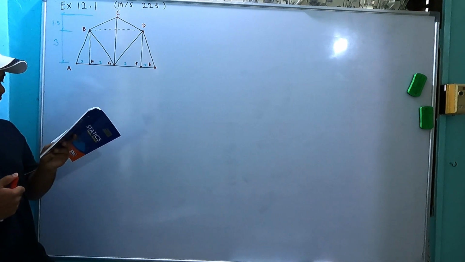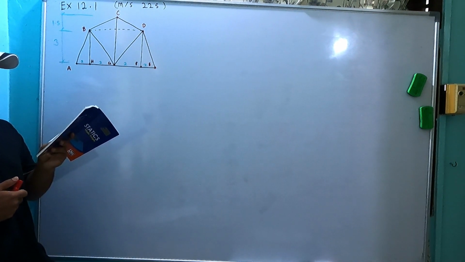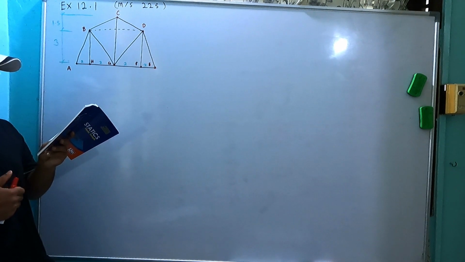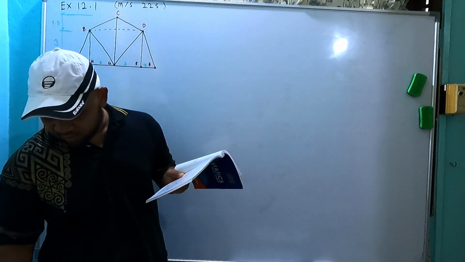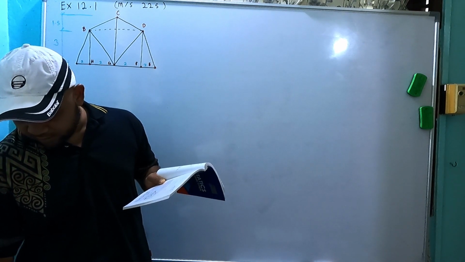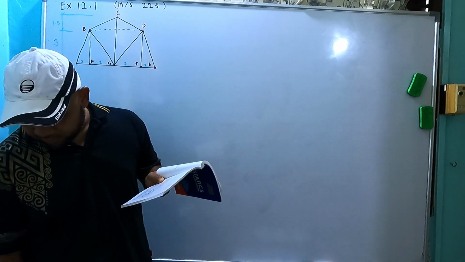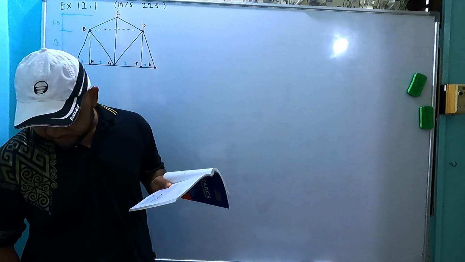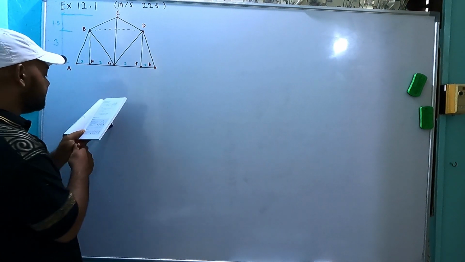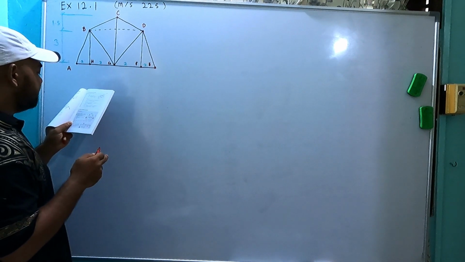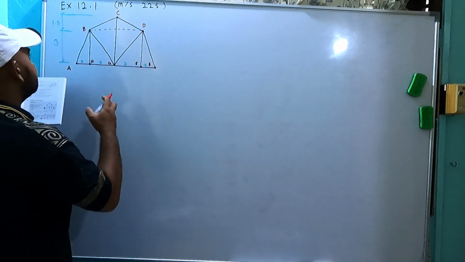So the first one is truss members BC, BG, and HG. So let's say we go to the first one, truss BC, BG and HG.